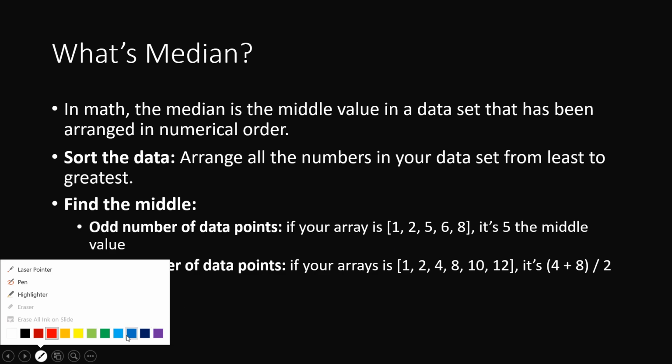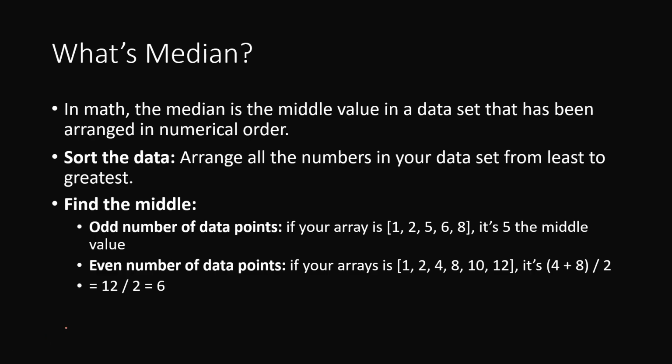In our second array we have 1 2 3 4 5 6 elements. Dividing 6 by 2 gives 3, but in that case we need to average the 2 elements that come at the middle. That's the third element and 3 plus 1, the fourth element. So 4 plus 8 by 2 is 12 by 2, that's 6. So that's how we calculate the median.